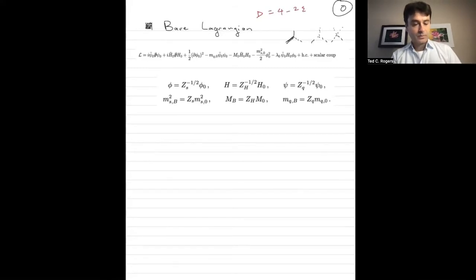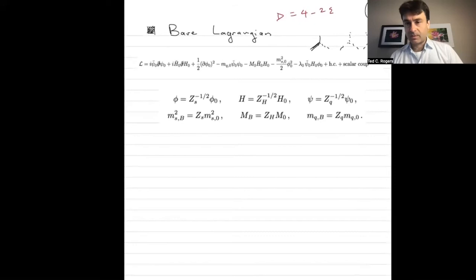Just going through the steps we already did in our quantum field theory lectures and in class, we defined a bunch of new objects related to the bare objects by an overall normalization. So we're going to say the phi field, this field here, which is the scalar, gets an overall factor of z to the minus 1/2 times phi 0.